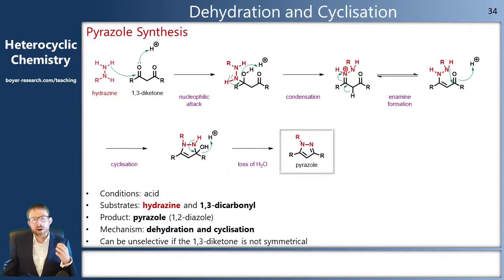This time, our lone pair comes in and it promotes the loss of water, and we get neutralization of the resulting iminium to form an enamine. Intramolecular cyclisation of the second nucleophilic nitrogen onto our electrophilic carbonyl, promoted by acid, then completes our 5-membered ring, followed by loss of water to give us the aromatic product.